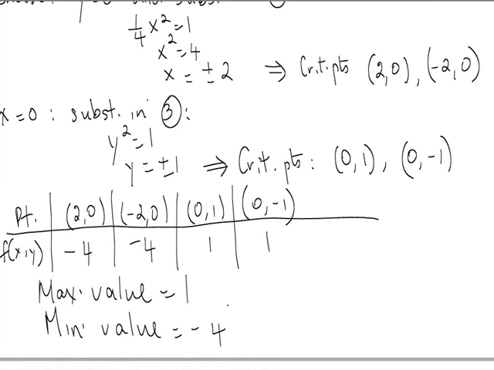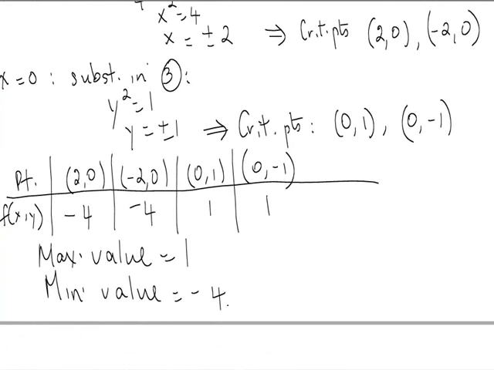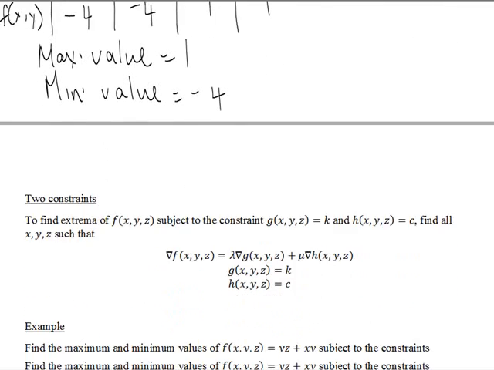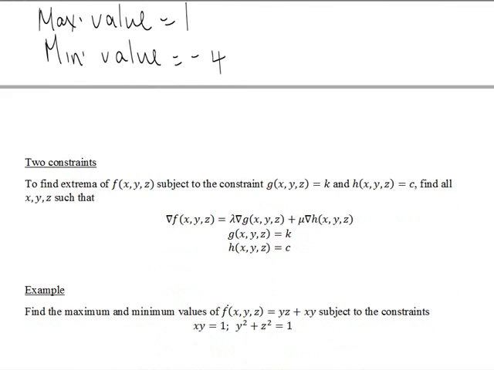Any questions? Okay. So that's Lagrange multipliers when we have one constraint. But you know, and realize sometimes you don't have just one constraint.